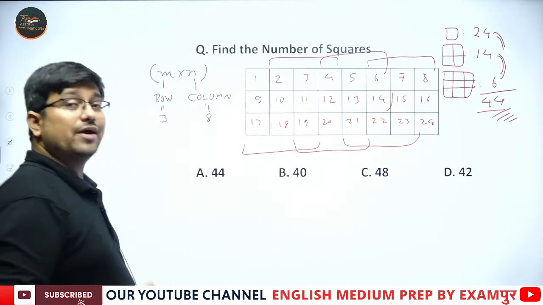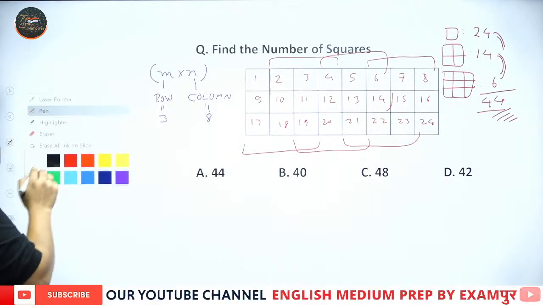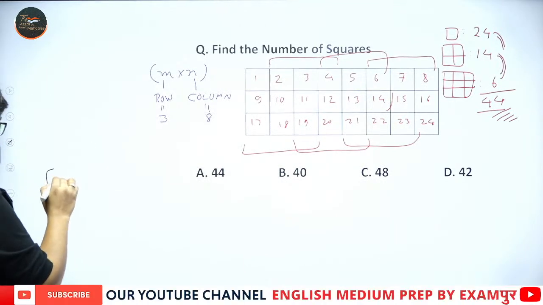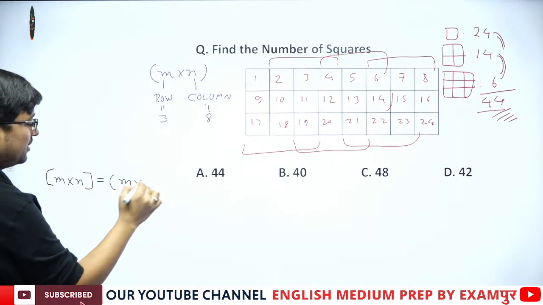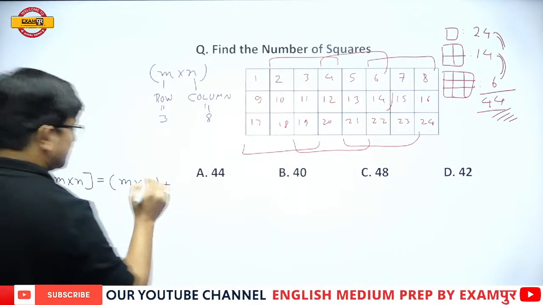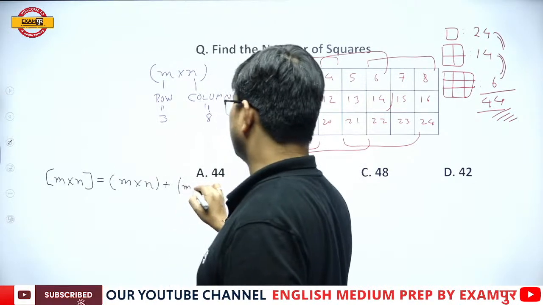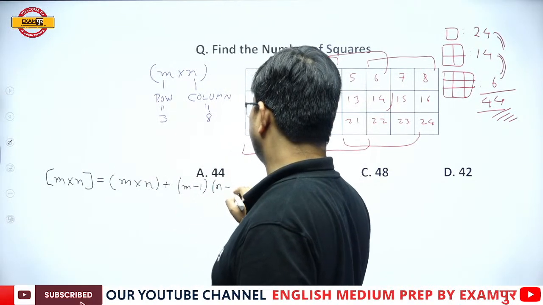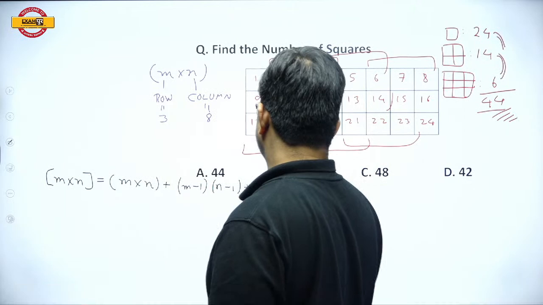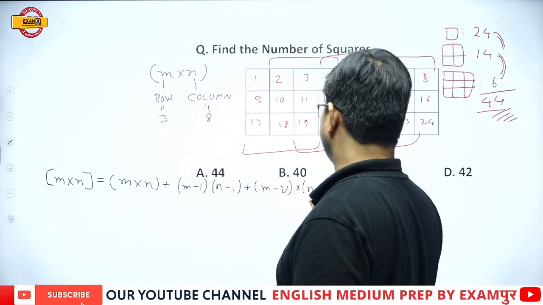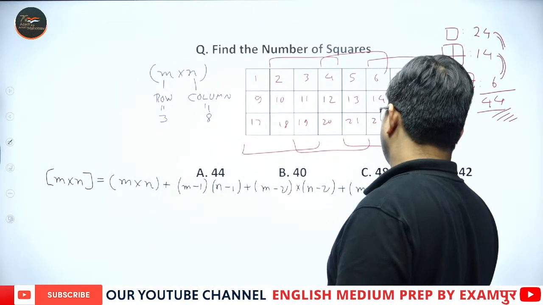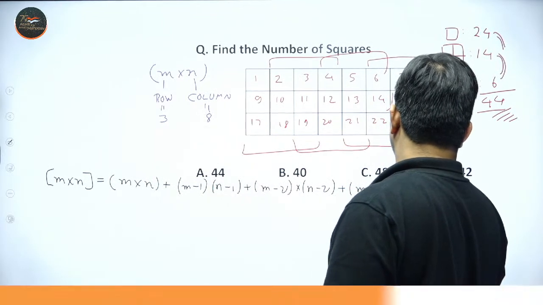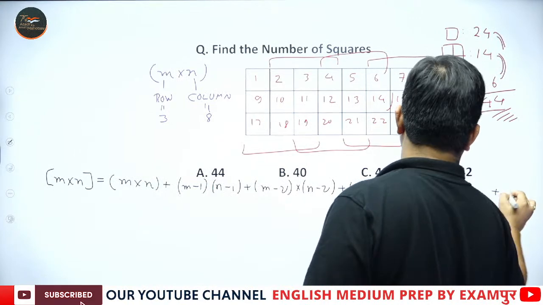So what is the way? As I discussed in the previous question, if you get an m cross n matrix and are asked to calculate the squares, start by multiplying m by n, plus subtract 1 from both of them, plus subtract a further 1 from both, and you can do this only till you get a value as 0.